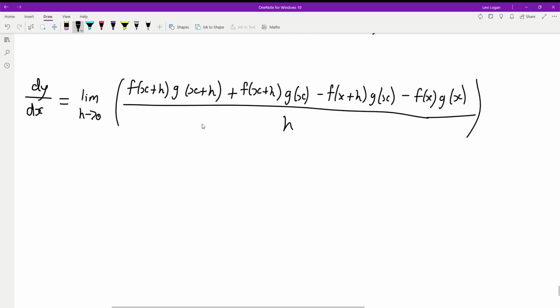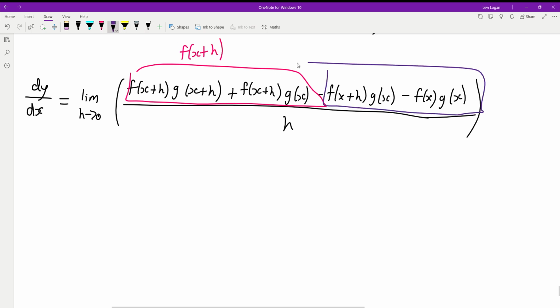Well, the reason why I put that in is because with this front bit, I can factor out something. I can factor out an f of x plus h. And this back bit here, I can factor out a g of x, which is what I wanted to do. So I get dy dx is equal to the limit as h goes to 0, and then I'm going to factor this out at the top.